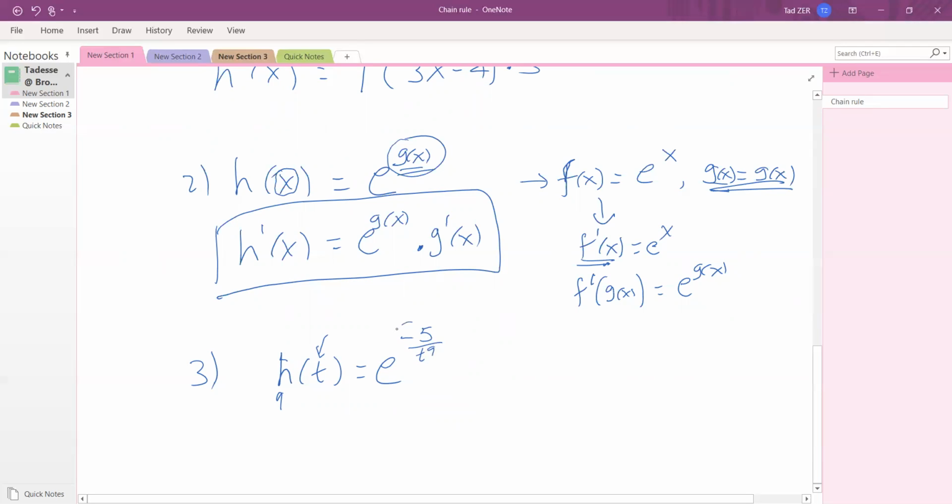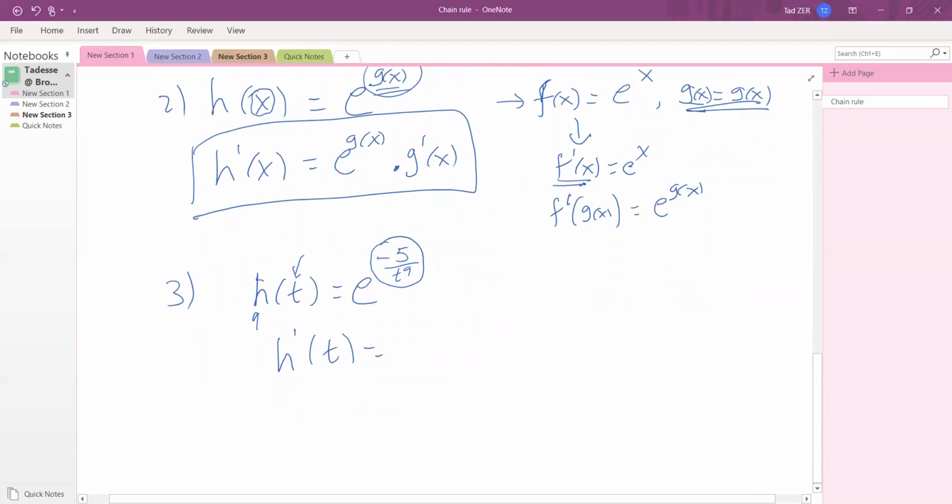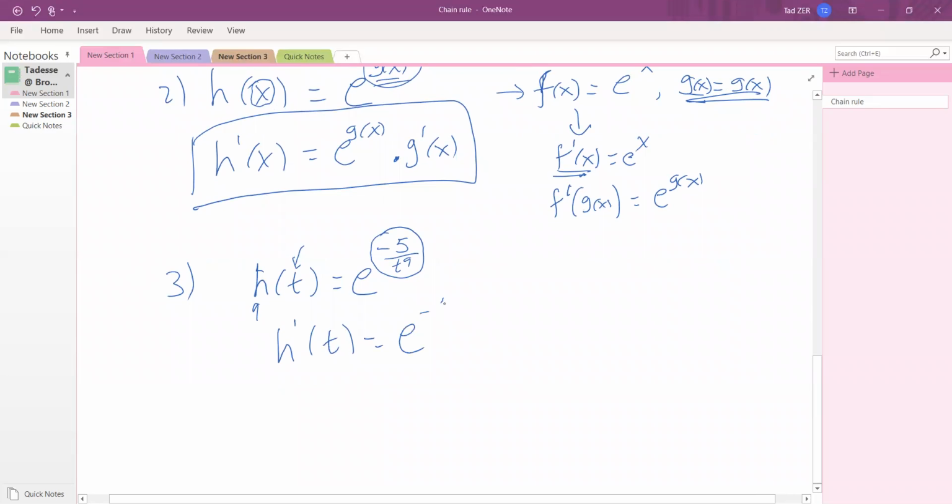Now, which means what? My g is now this. So what will be the derivative? The derivative will be e to the power of itself, which means e to the power of -5 over t to the 9, times the derivative of the exponent. Now, what is the derivative of -5 over t to the power of 9? I can use the law of exponents.